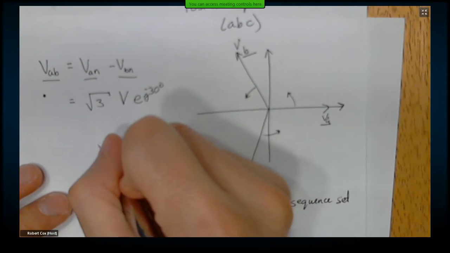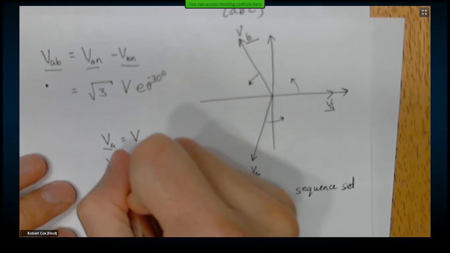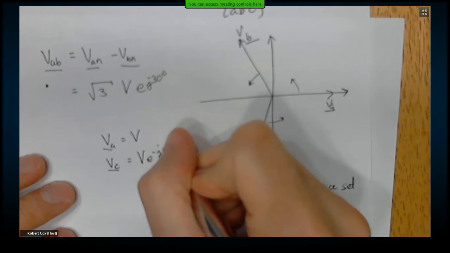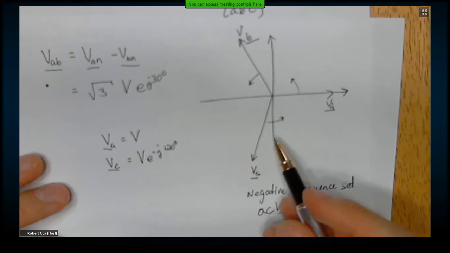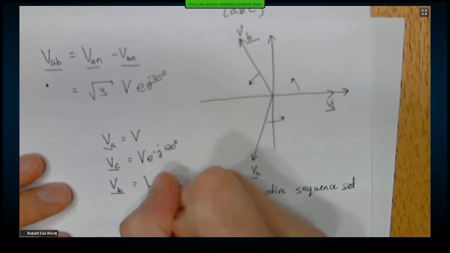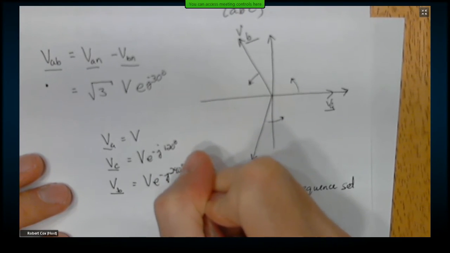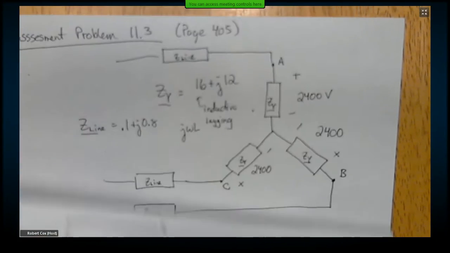In terms of our phasors, that means VA is V, VC is V with a phase shift of negative 120 degrees, 120 degrees behind, and VB is 240 degrees behind. They're just trying to make it more confusing.